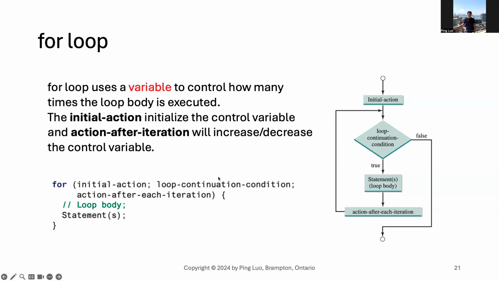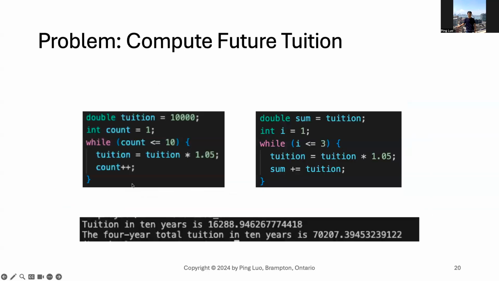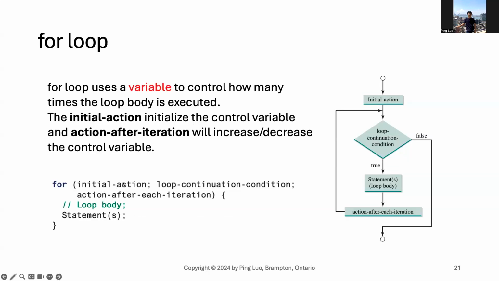Of course, there's a continuation condition to determine if we should do it. And after each iteration, the change to the initial variable is inside the for loop. So rather than the while loop, we do everything in one single statement.